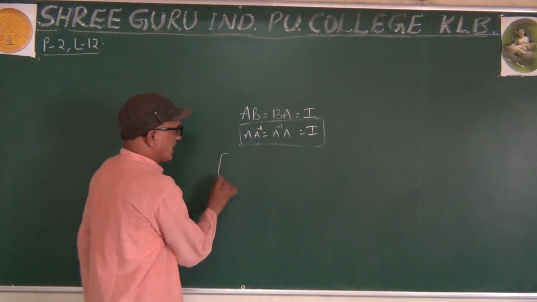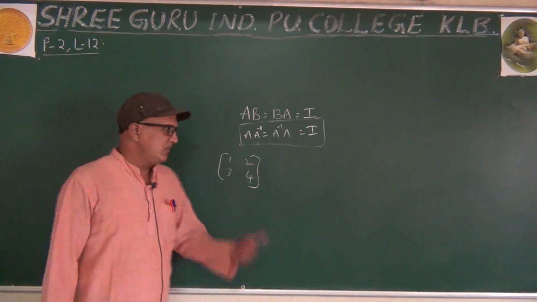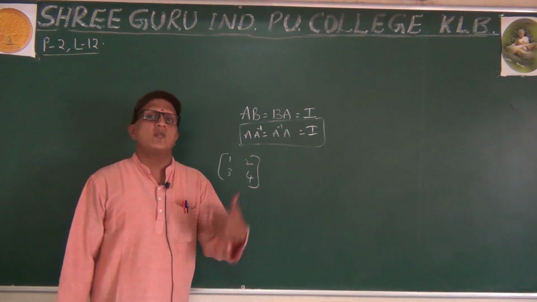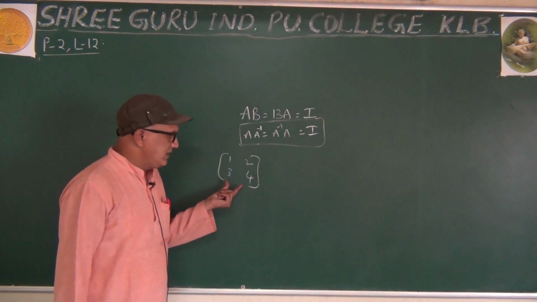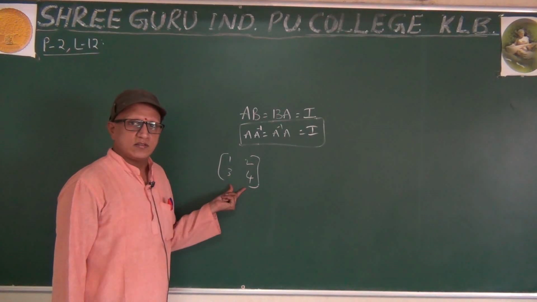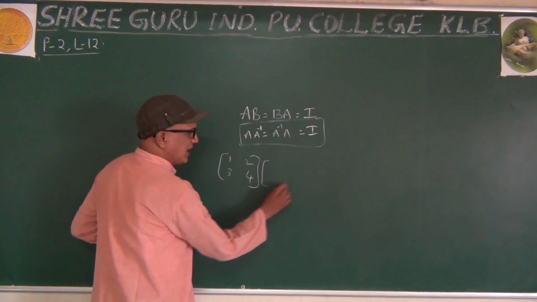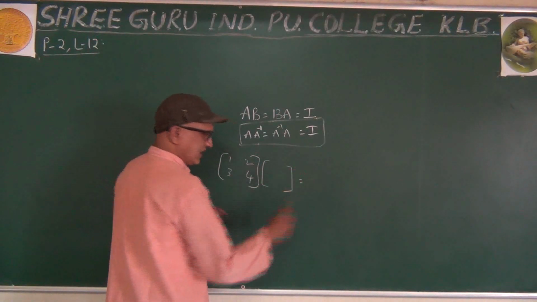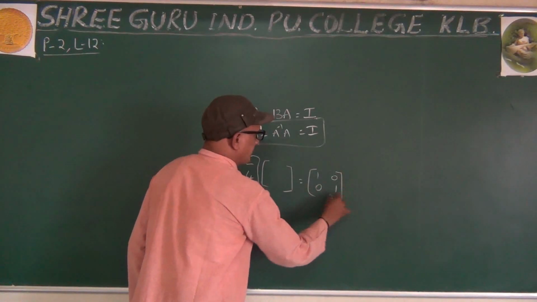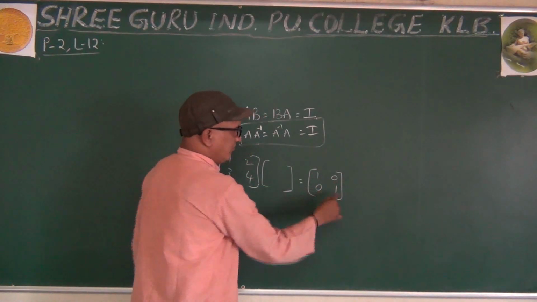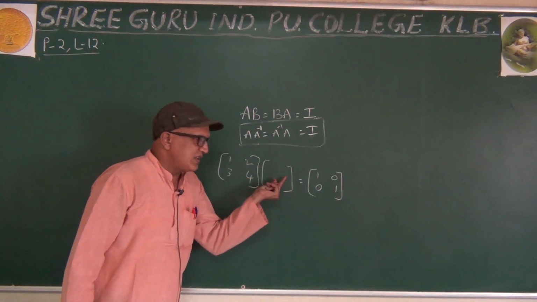For example, there is one matrix 1, 2, 3, 4. How to find the inverse for this matrix?